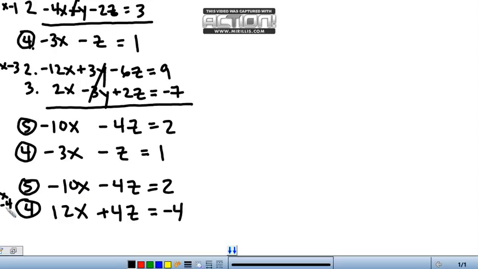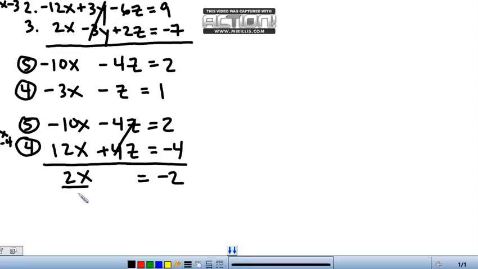Okay, double check: positive 12x, positive 4z, negative 4. Now eliminate that variable. This will be positive 2x equals negative 2.